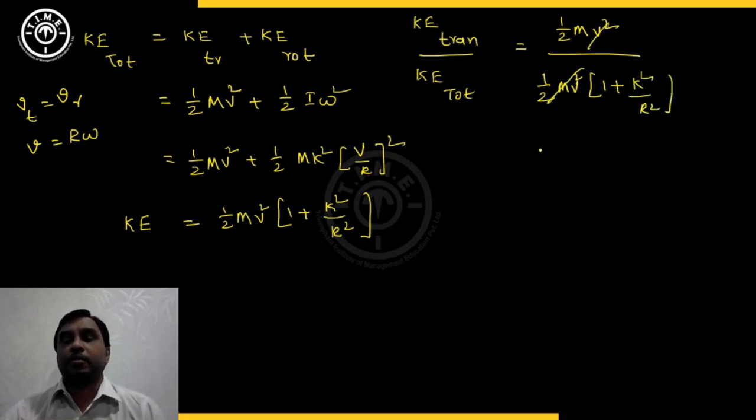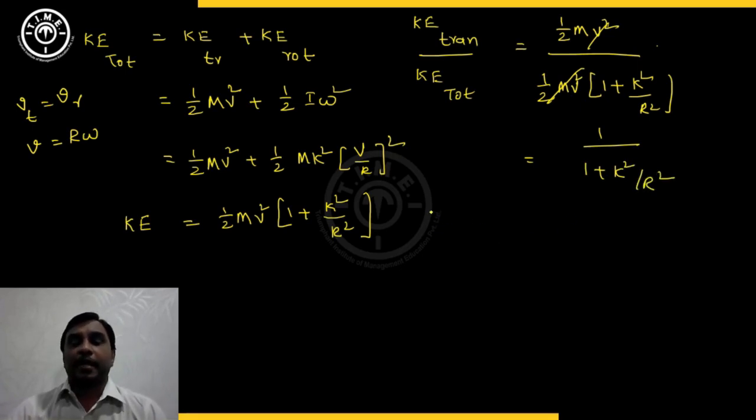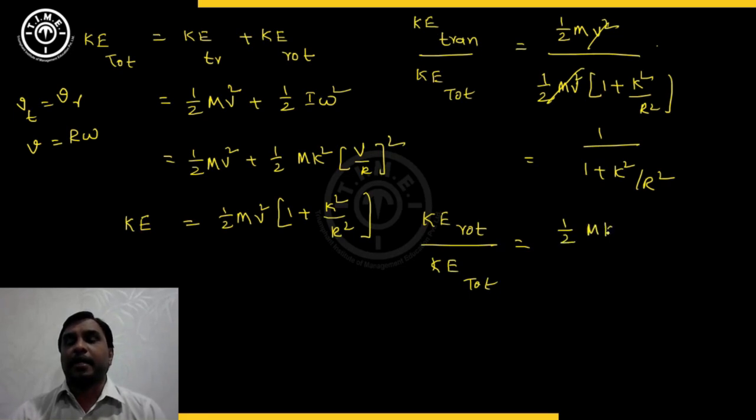This gets cancelled. You are left with 1 by 1 plus k square by r square. And you can calculate kinetic energy due to rotation to that of kinetic energy total. So you can write half I omega square, where I is the moment of inertia, which is mk square, and omega square can be written as v square by r square, divided by total energy.